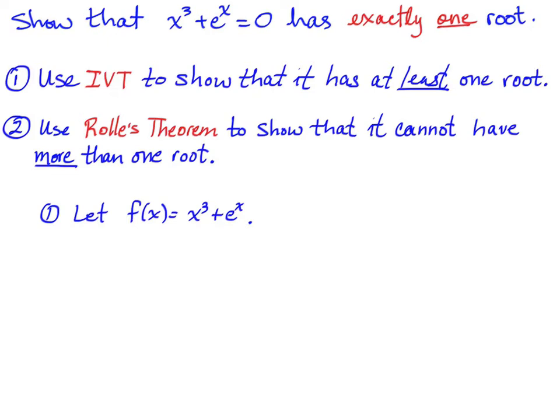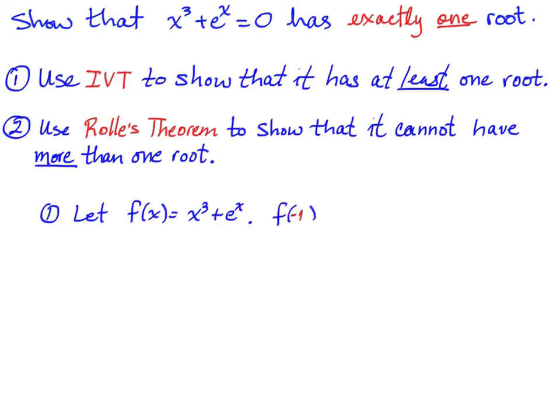That's the one where we found a number where the function was negative, and we found another number where the function was positive. And because the function is continuous everywhere between those two numbers, it couldn't skip over anything, so it had to cross the x-axis, right?